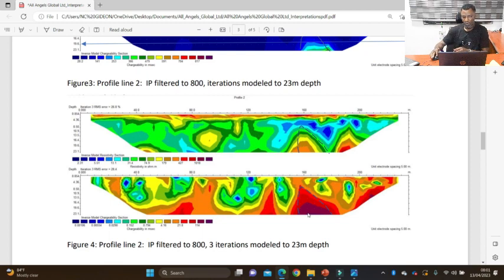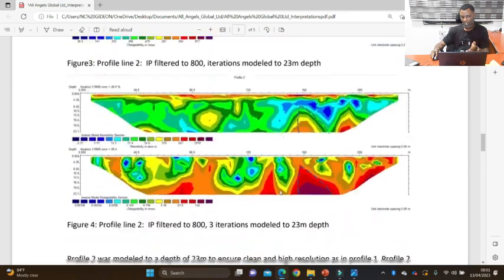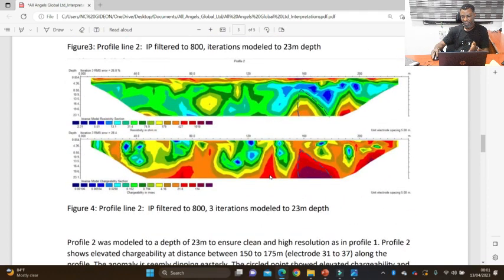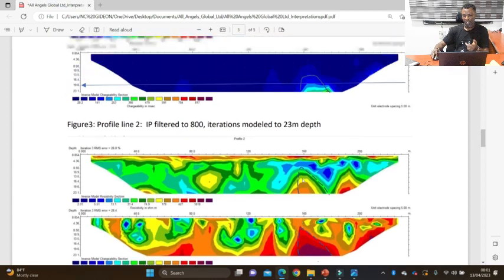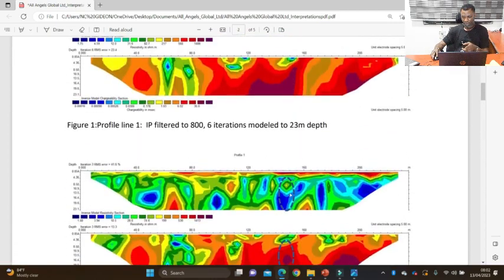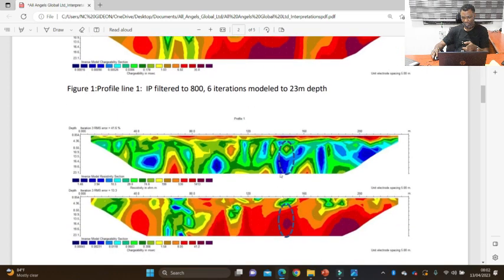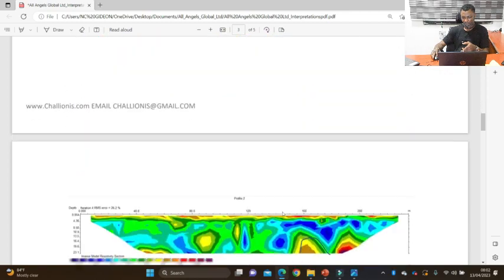If you're looking for very low resistivity and very high chargeability, look somewhere here. So this can also form a target. But this one was quite good, because this particular location was opened.